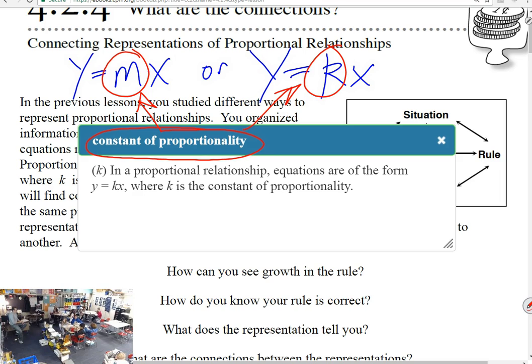Now, this is another one of those I'm sorry moments. Somewhere along the way, one branch of mathematicians wanted to use the equation y equals mx, m standing for a measure of proportionality. Another branch of mathematicians said, look, m gets overused. It's very similar to n.